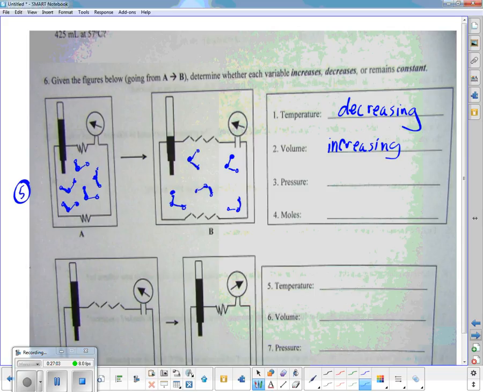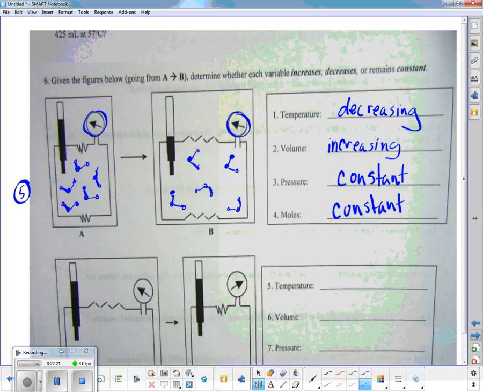This is your pressure right here. Pressure is remaining constant. Good. Okay. What's happening to the moles? That's constant also.